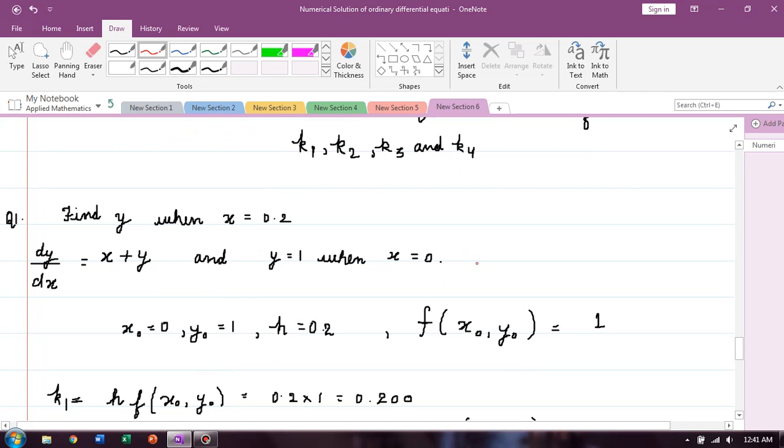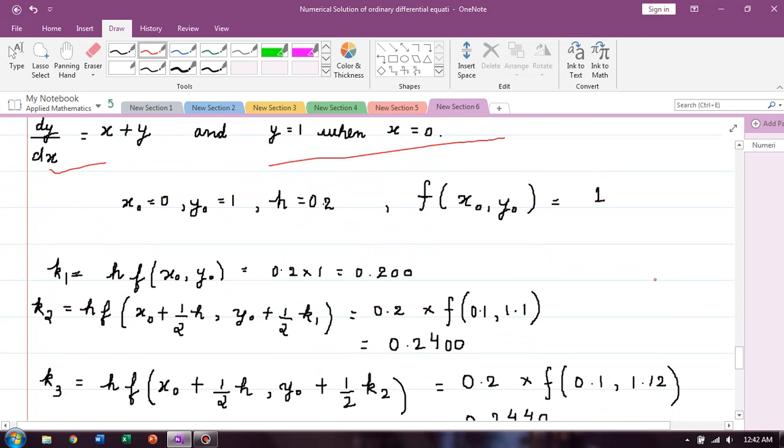Okay, so now we'll solve a question. Apply Runge-Kutta fourth order method to find an approximate value of y when x is equal to 0.2, given that dy by dx is x plus y and y is equal to 1 when x is 0.